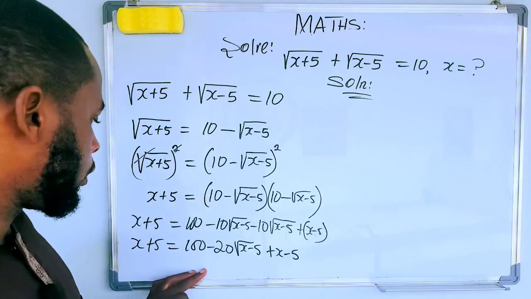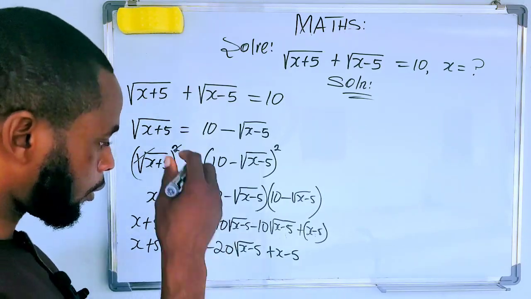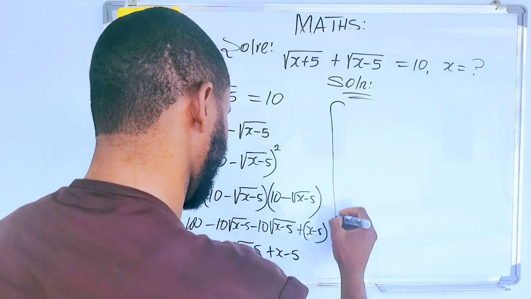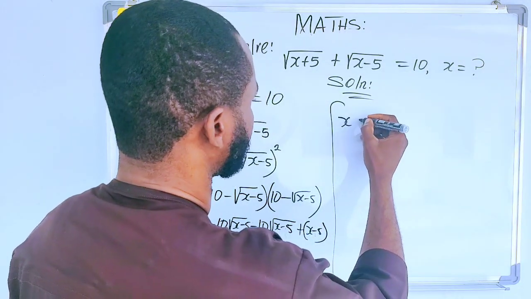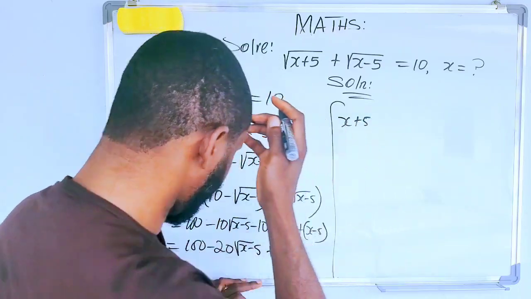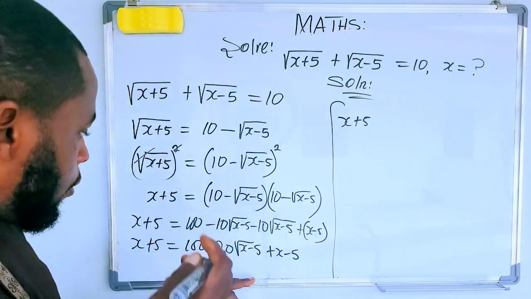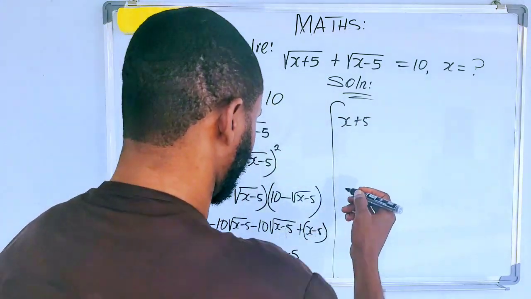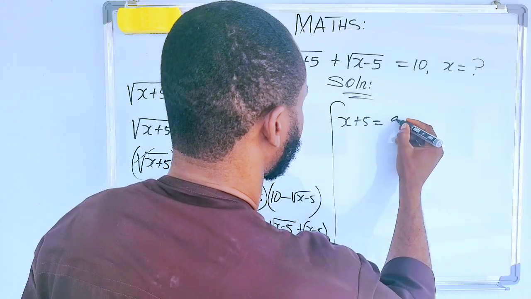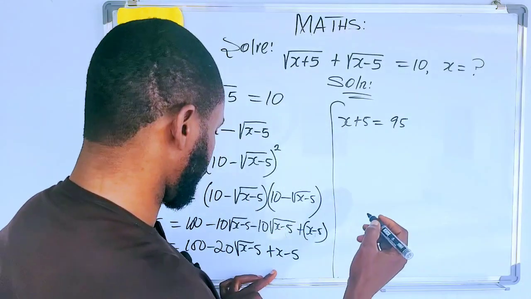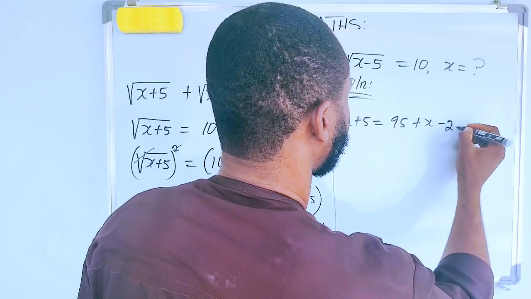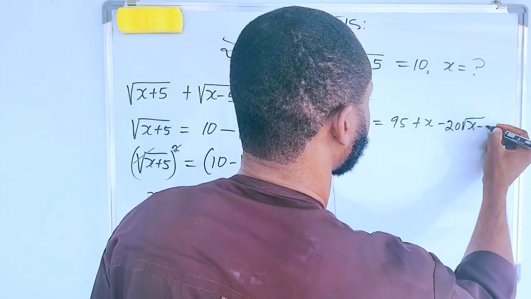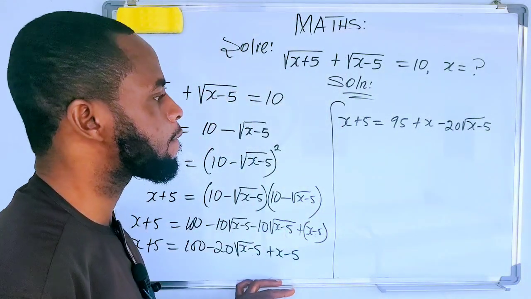And we simplify this further. Here we are going to have x plus 5 equals 100 minus 5, that will give us 95, then plus x, then minus 20 square root of x minus 5.